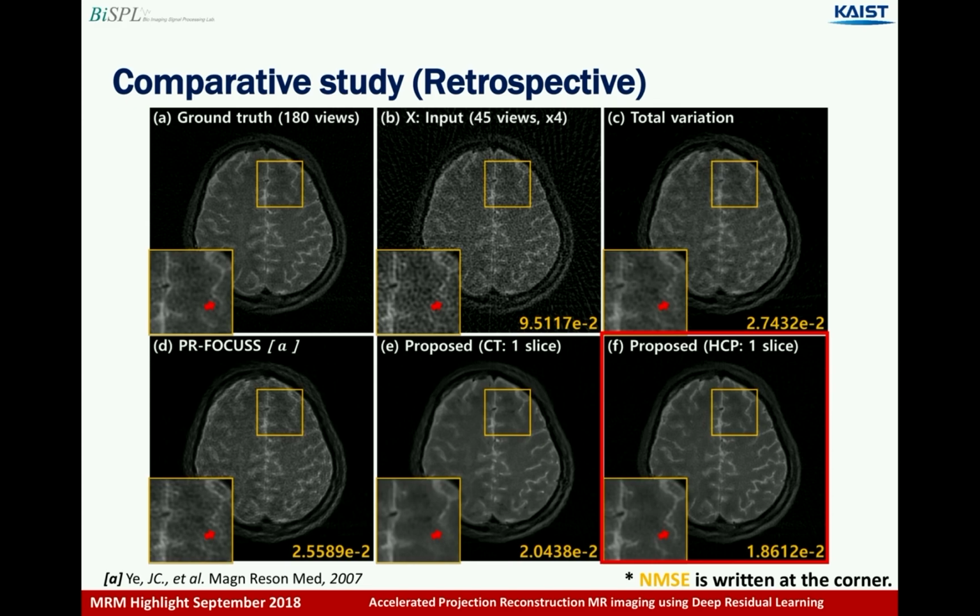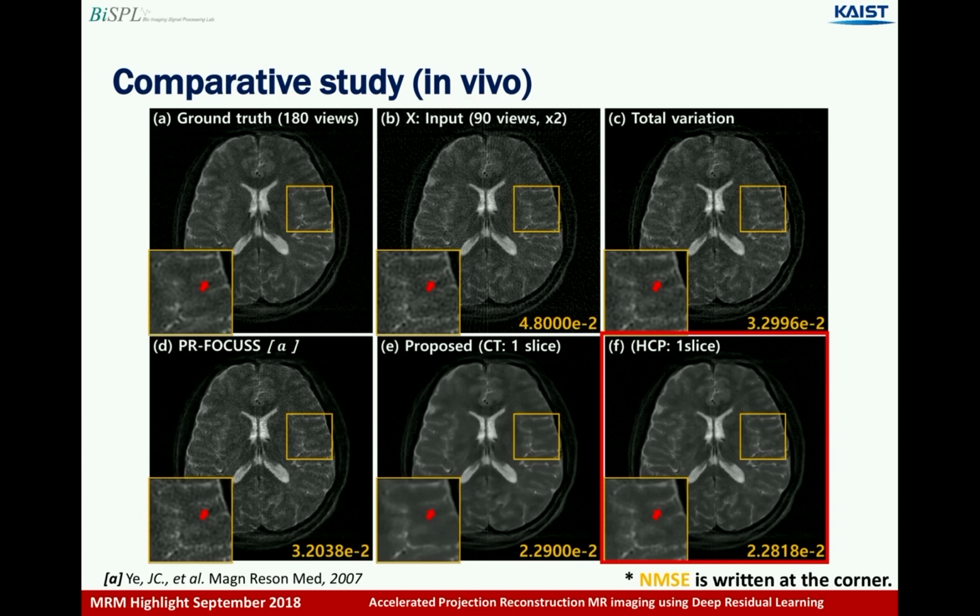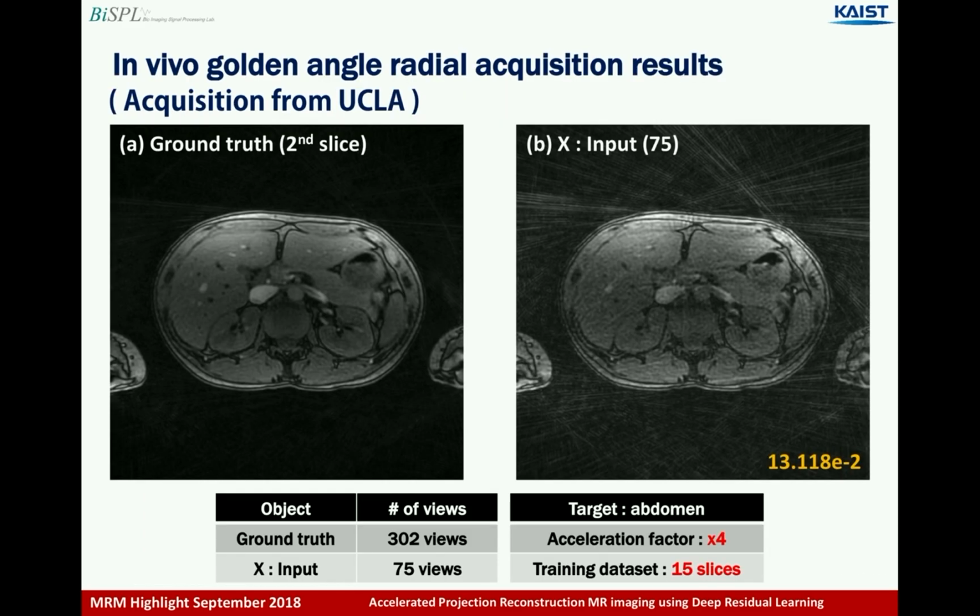Especially, the proposed method trained with synthetic MR data outperforms the one trained with CT data. It means that organ structure is more important than imaging modality. This is the in vivo study. The acceleration factor is 2, and the training dataset is also 1 MR slice. Again, the proposed method outperforms the others.